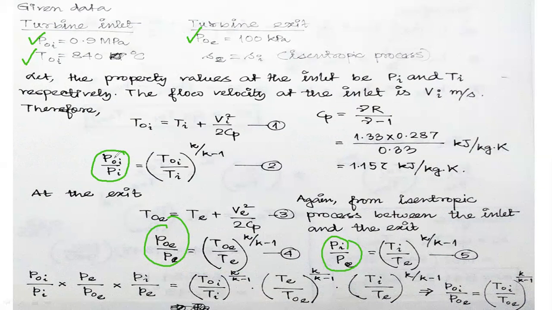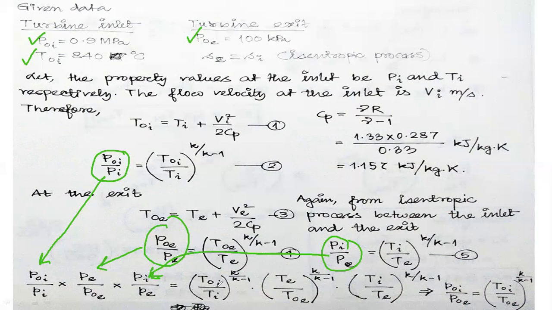So what we do is, here I have written P0i by Pi directly. Now here I have just written the reciprocal, that is Pe by P0e. For this I have taken it directly, that is Pi by Pe.